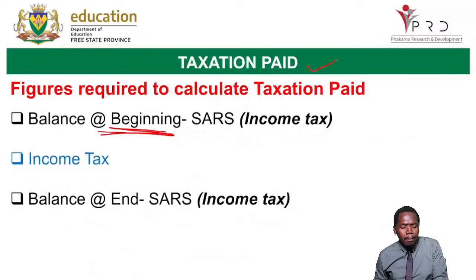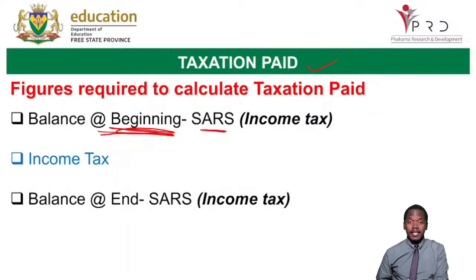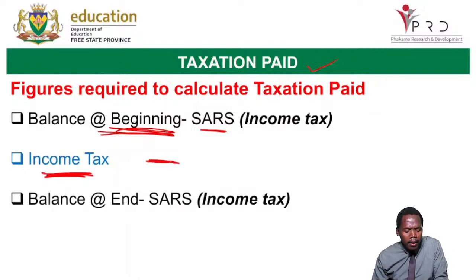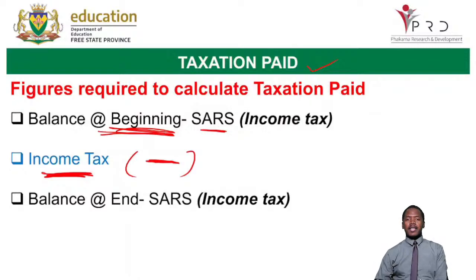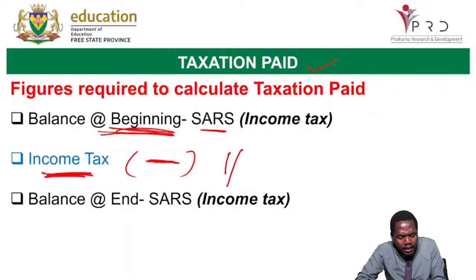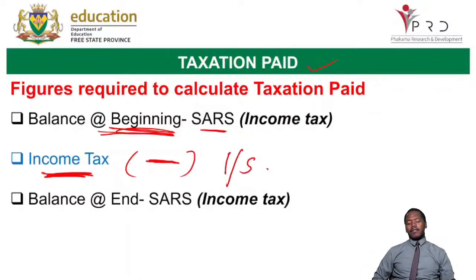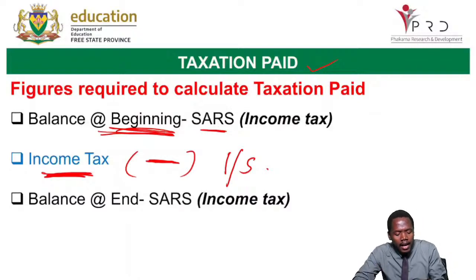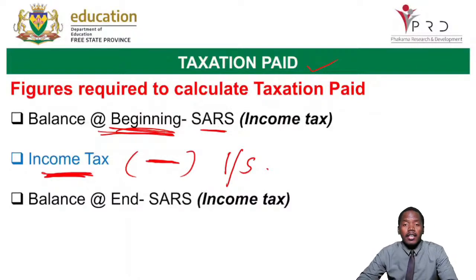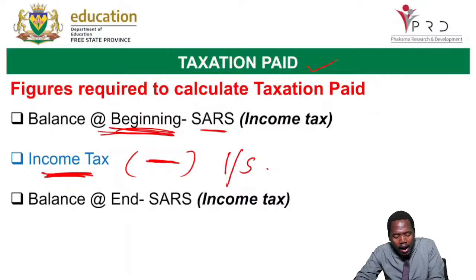We need the opening balance for SARS income tax. And then we need our income tax. It makes your life very easy if you just put a minus sign on the income tax amount. And where do we get the income tax amount? From the statement of comprehensive income. Where do you get the SARS balance? From the balance sheet, either under receivables or under payables.